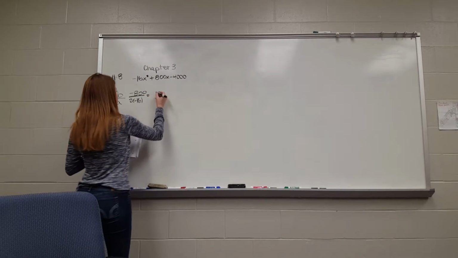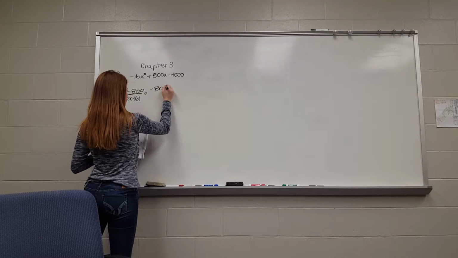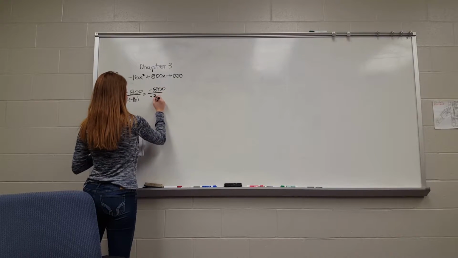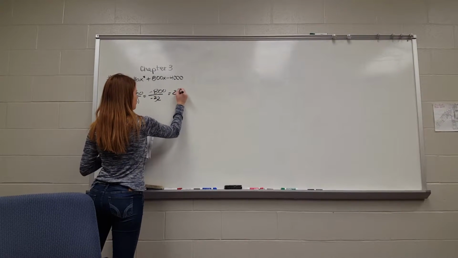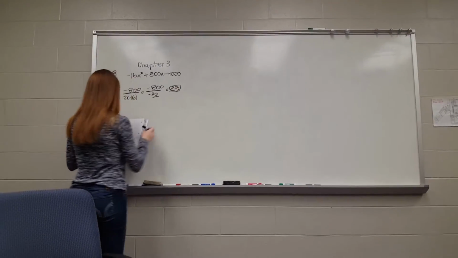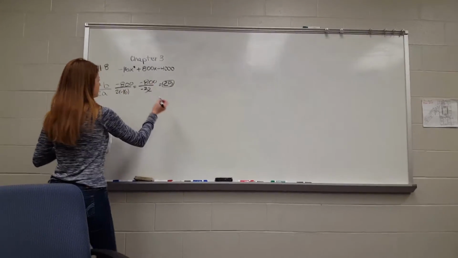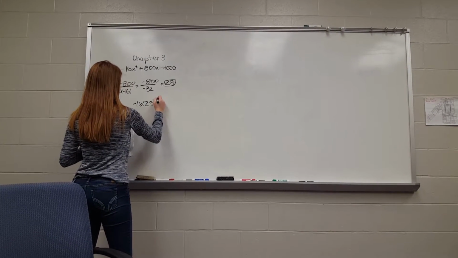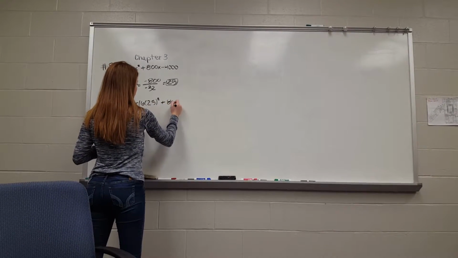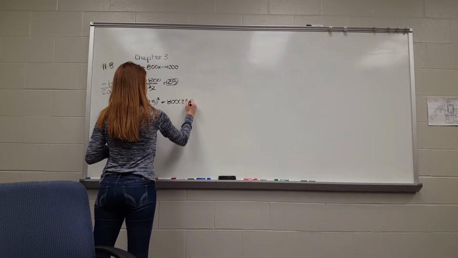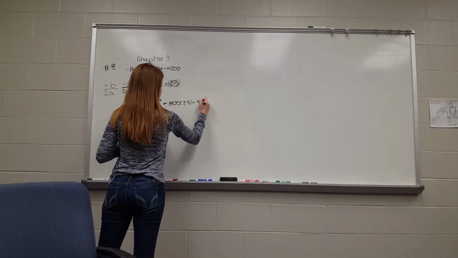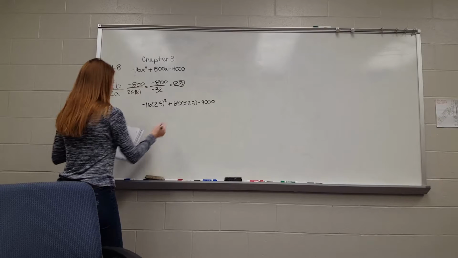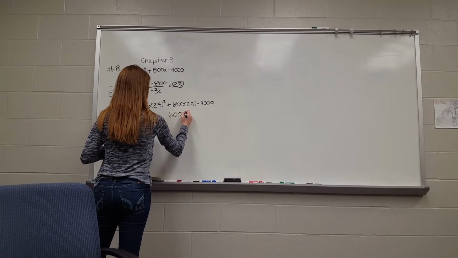And you get -800 divided by -32, and that's 25. So then you plug 25 in for x. So you do -16 times 25 squared plus 800 times 25 minus 4,000. And that gets you 6,000.